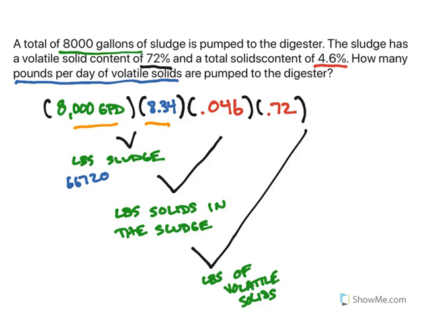So that's going to bring us down to 3,069 pounds of solids. And then out of those 3,069 pounds of solids, only 72% of it are volatile pounds. So when we multiply 3,069 by 0.72, we get 2,210, and that ultimately is our answer, 2,210 pounds of volatile solids.